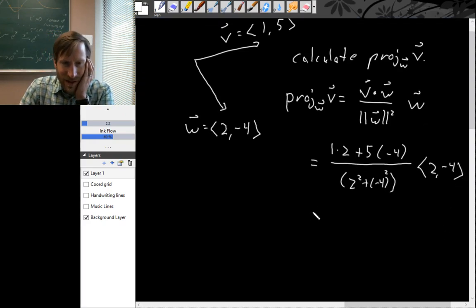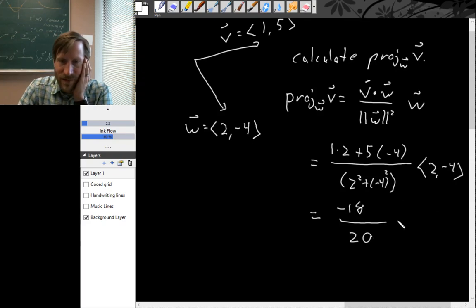In the numerator, we have 2 minus 20, so -18, over 4 plus 16, which is 20, times the vector 2, -4. Let's cancel a factor of 2.